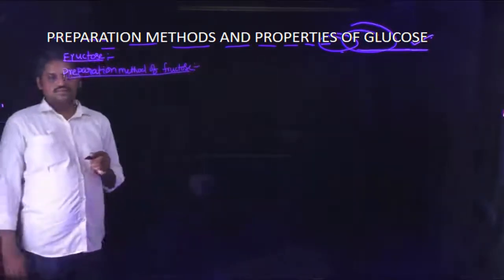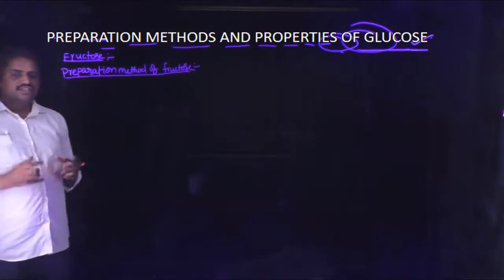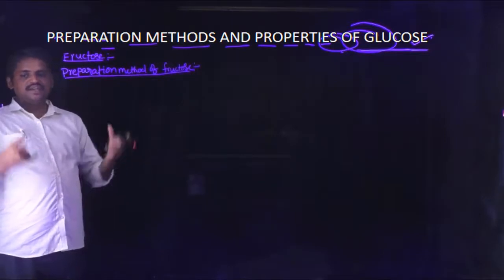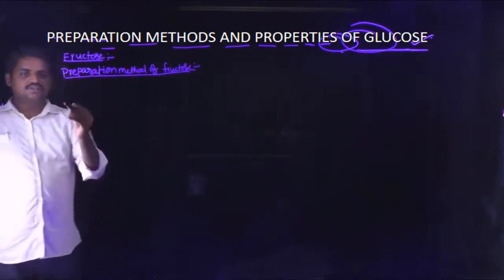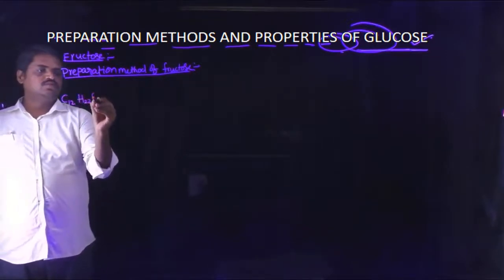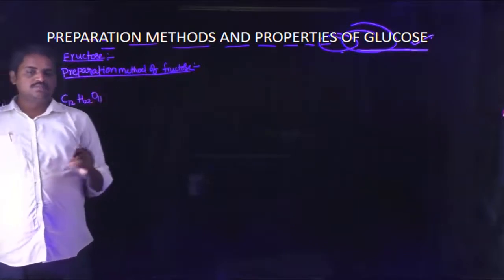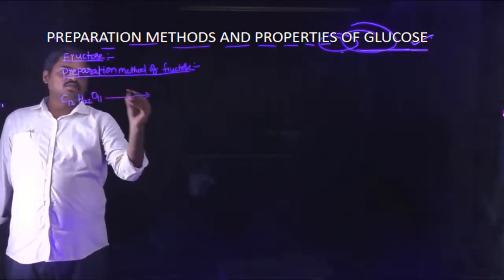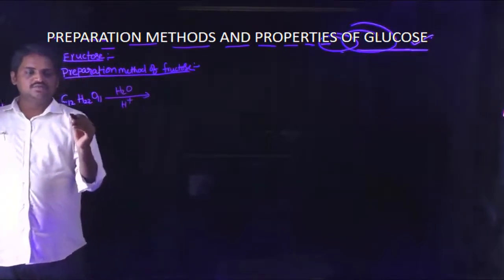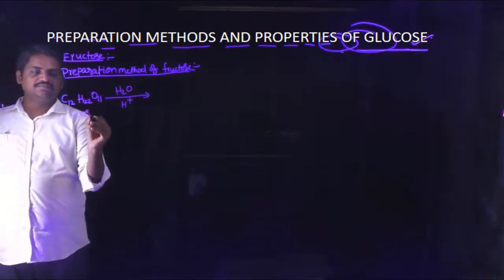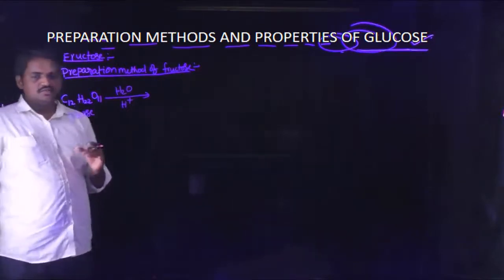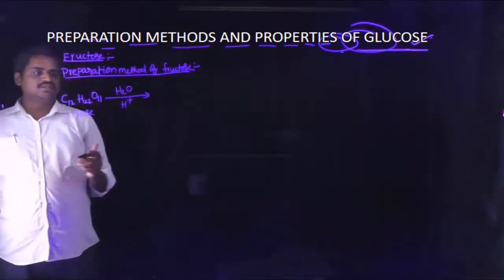Generally, fructose is prepared from sucrose. For example, sucrose, C12H22O11, reacts with water in the presence of an acidic medium. Sucrose is a disaccharide, one of the carbohydrate molecules.